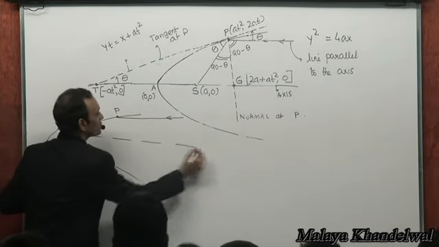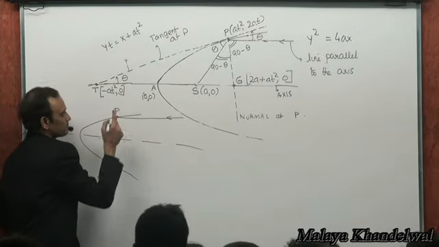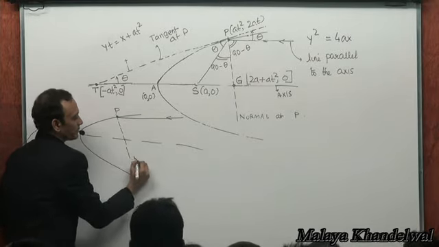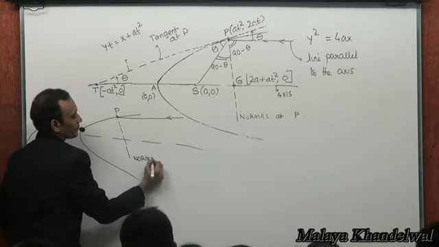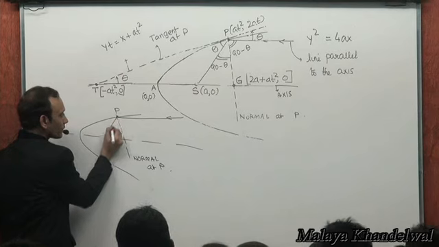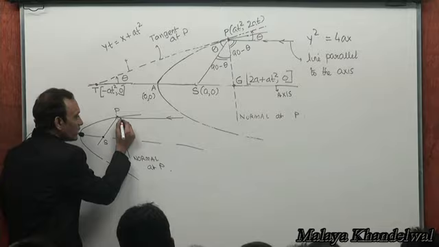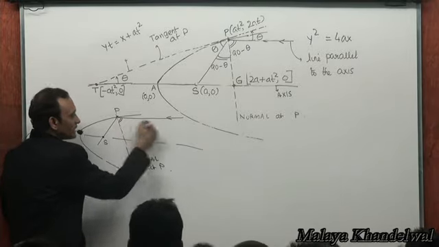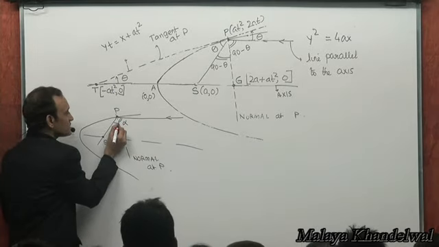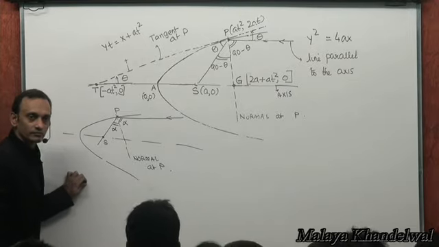That line came from the axis hitting the parabola at P. This was the normal at P. This was the focus S. And it turned out that the angle the normal makes with this line, alpha, which is 90 minus theta, is the angle that SP made with the normal, alpha, which is 90 minus theta.